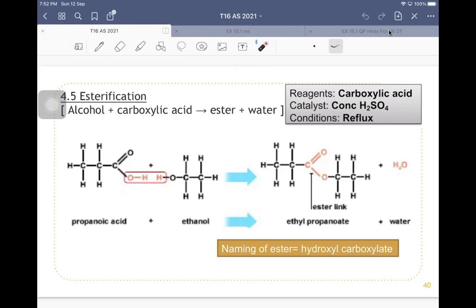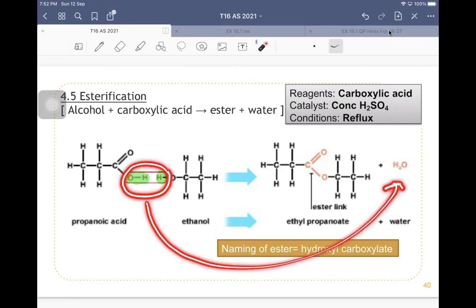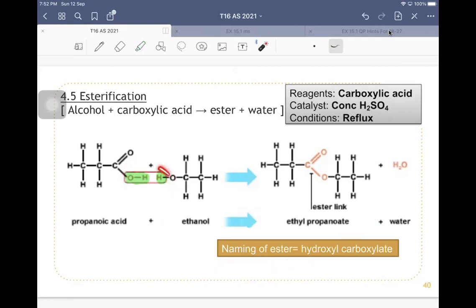During the esterification reaction, we are removing the hydrogen atom from the alcohol and the hydroxy OH group from the carboxylic acid. Together they are produced as water, H2O. Where we remove the atoms is also where the new bond is formed.